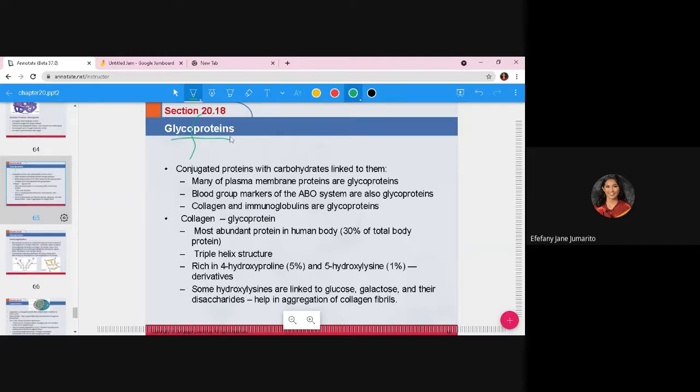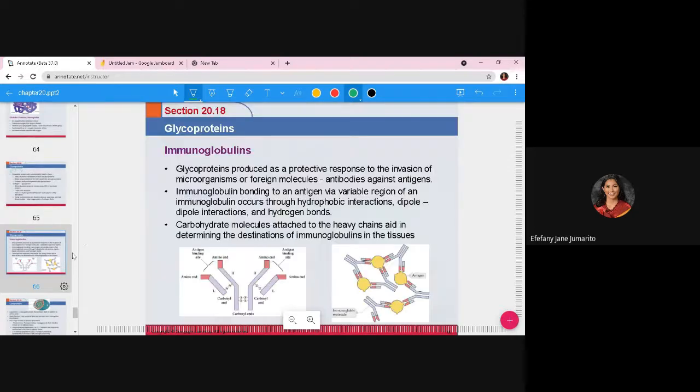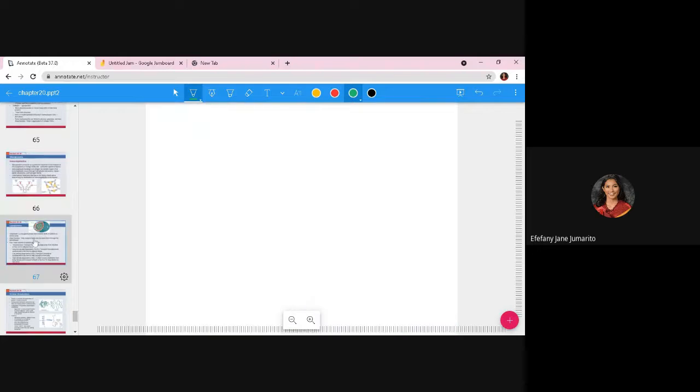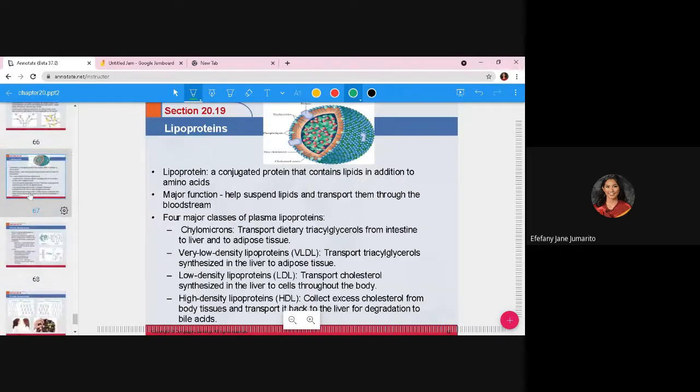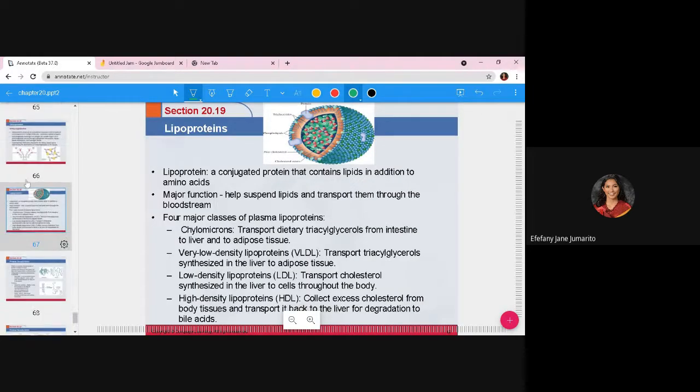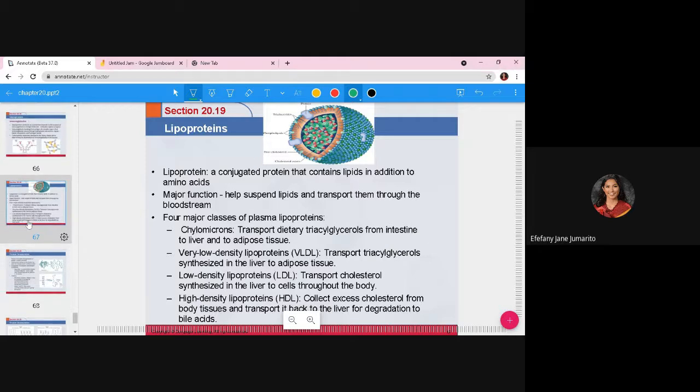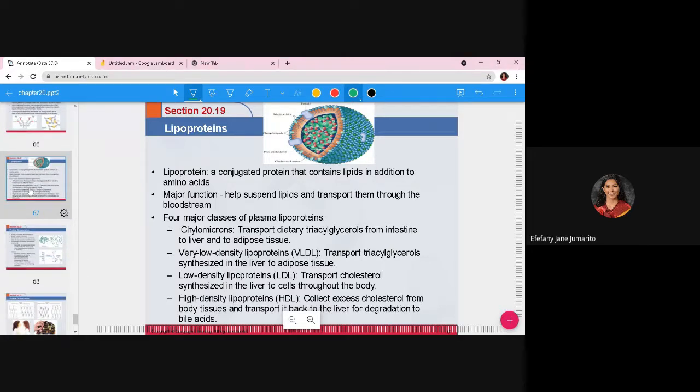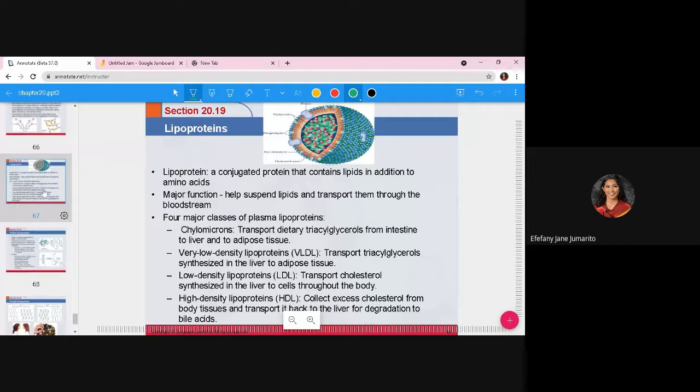Like this one, we have protein and then your monosaccharides. Then we have immunoglobulins. It's still a glycoprotein, so the prosthetic group is a monosaccharide. Then we have the lipoproteins, the LDL and the HDL.